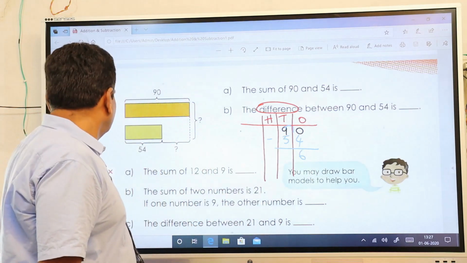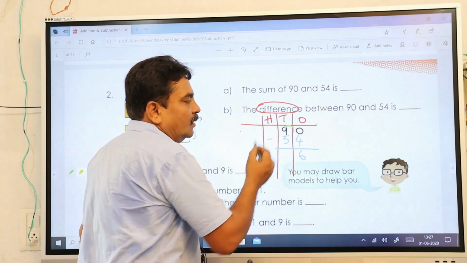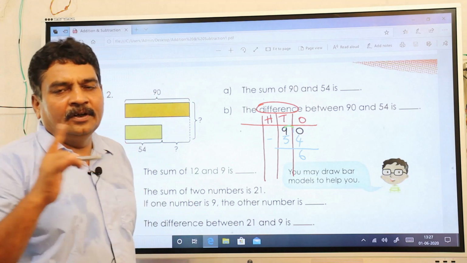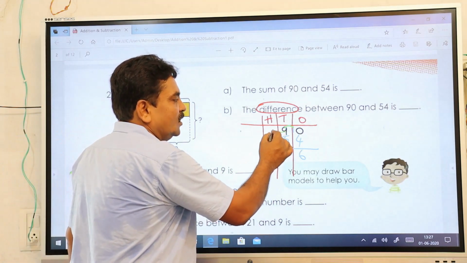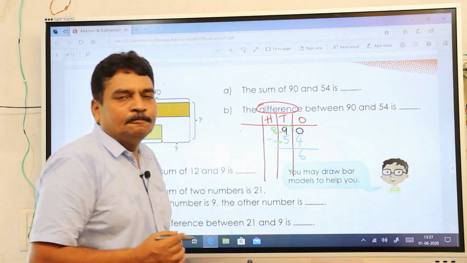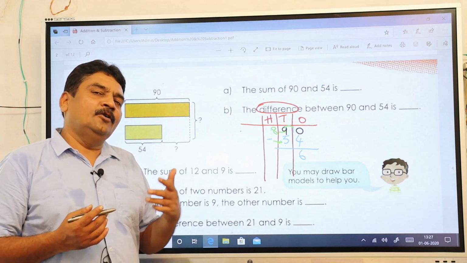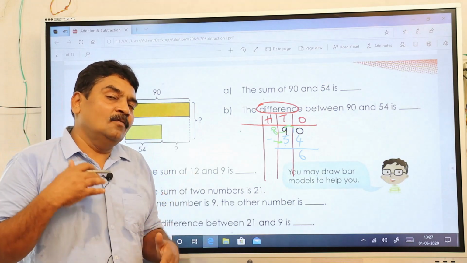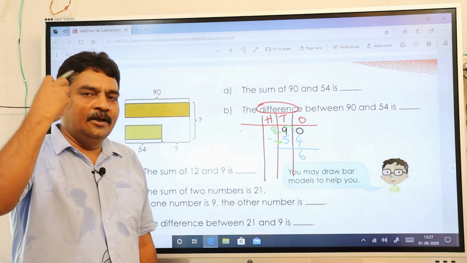Here we have taken one carry from here. So out of 9, when you remove 1, it becomes 8. So the new number here is how much? 8. From 8 you are going to subtract 5. So how are you going to do it? I told you, for subtraction you should take the smaller number into your thought.